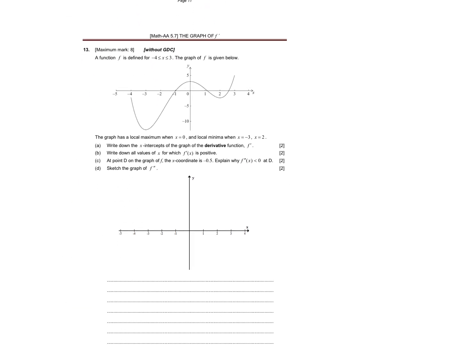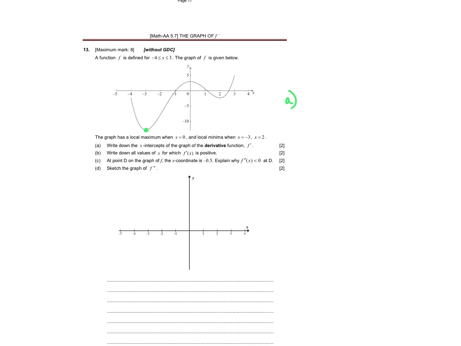Now 13, f is defined from -4 to 3. The graph has local max at 0, min at -3 and 2. Write down the x-intercepts of the graph of the derivative function. So for A, the maxes and mins are going to be the intercepts.